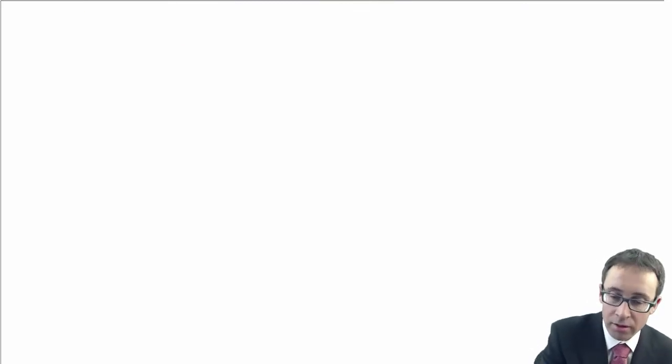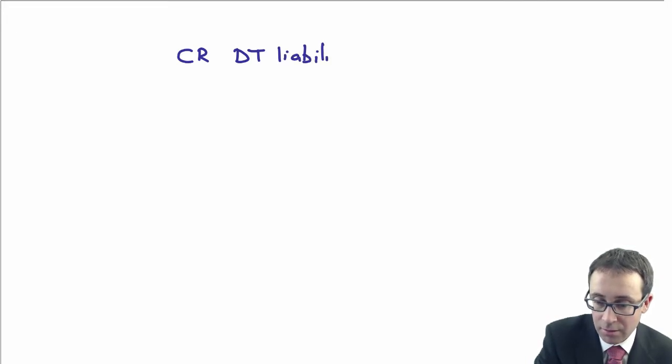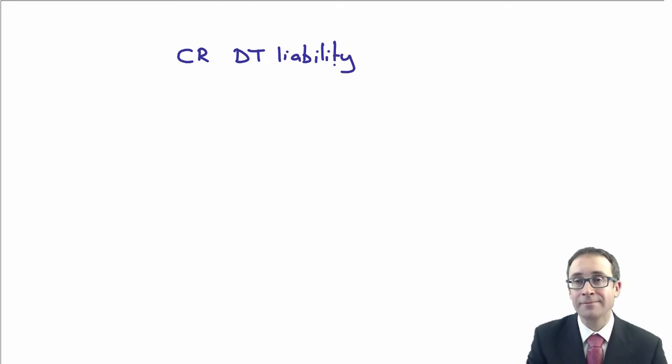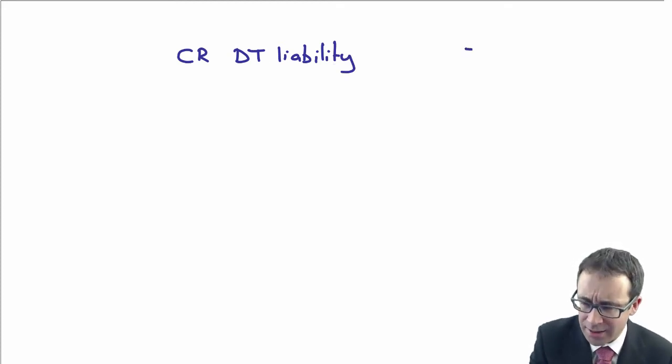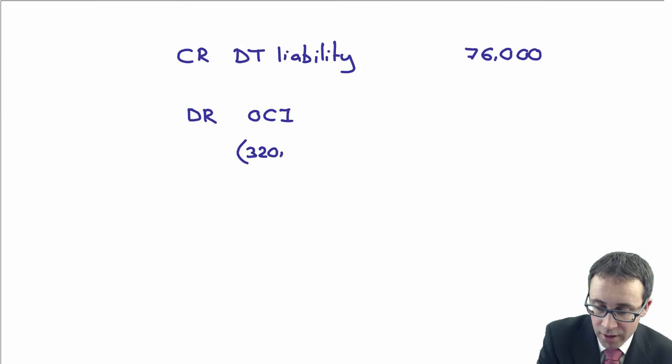So what we've got when we're looking at the movement, we're going to go through and credit my deferred tax liability, was that there as 76,000. We're going to go through as well and debit other comprehensive income. I think it's always easier to work out what the tax is on the OCI, because what we've got there is we had a gain, was it, of 320,000.